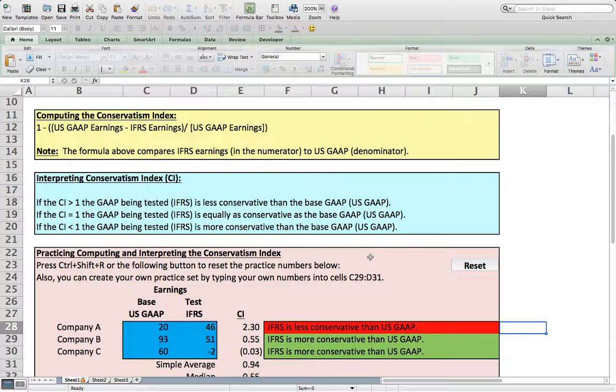For US GAAP, for instance, you would do 20 minus the IFRS earnings, 46, so 20 minus 46 in parentheses, and then divided by US GAAP earnings. If this was a negative 20, I would know to do a positive 20 because it's the absolute value. That's something I would do in my head, or ask myself before I finish computing.